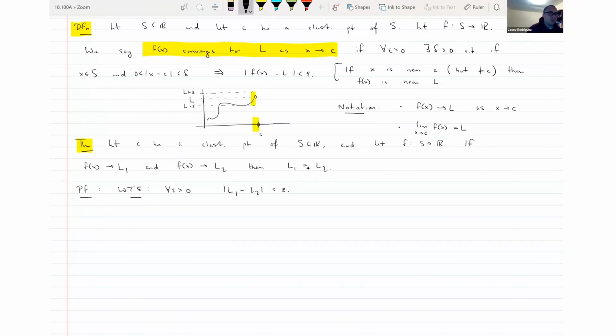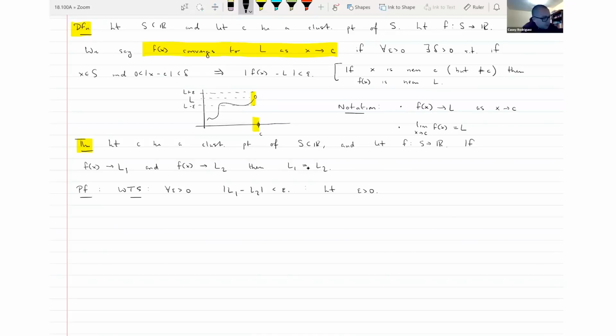If their absolute value is less than epsilon for arbitrary epsilon, then this is a number which is smaller than any positive real number. That implies that that number is 0, so L1 equals L2. Why we give ourselves a little room is because in the definition, we have a small parameter there which we hope to use. So let's prove this.